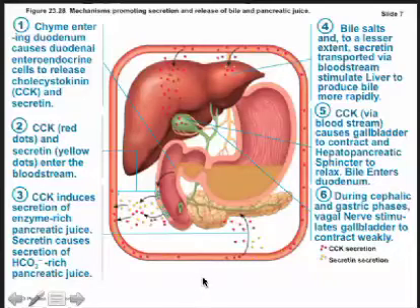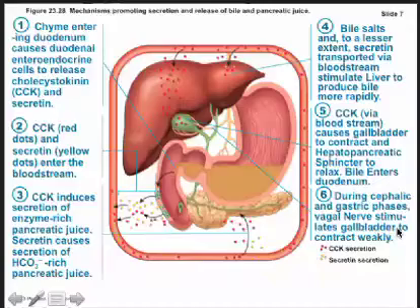At the same time, bile salts and secretin are transported to the bloodstream, and this stimulates the liver to produce bile rapidly. Cholecystokinin, which is carried by the bloodstream, causes the gallbladder to contract and the hepatopancreatic sphincter to relax. So it's a coordinated action. The bile then enters the duodenum along with the pancreatic juice.